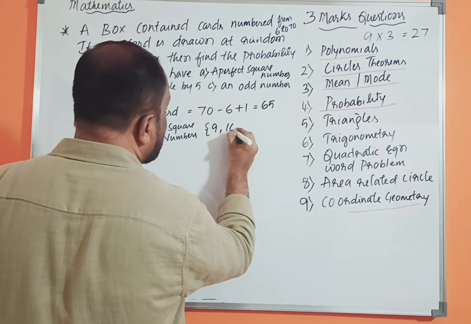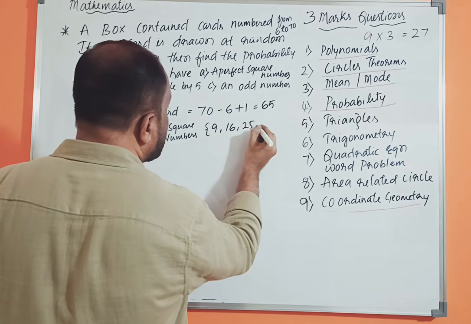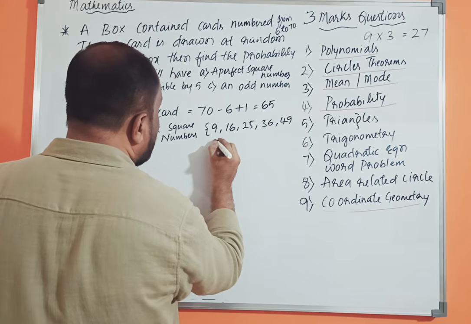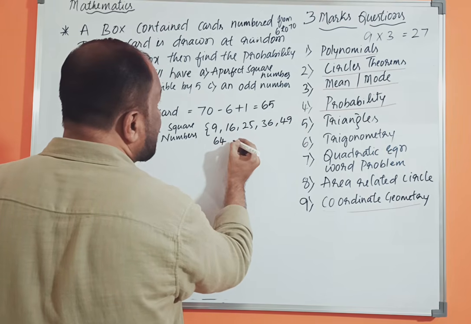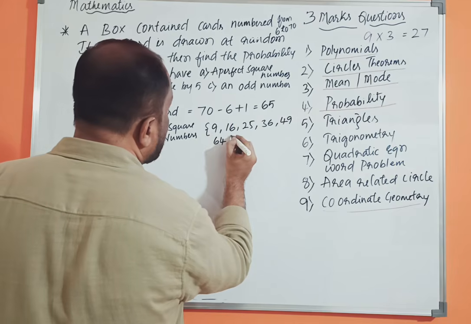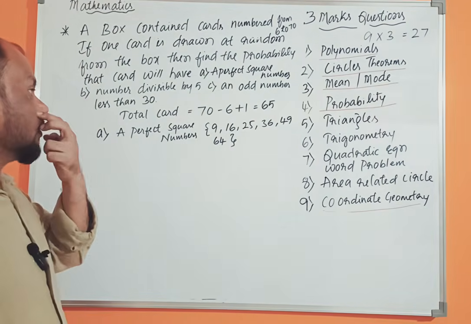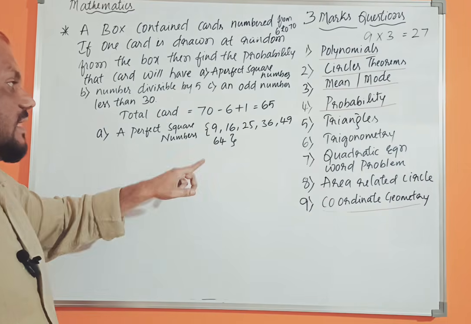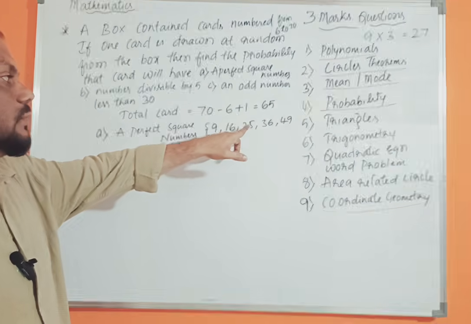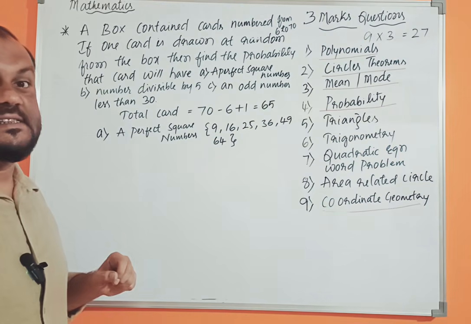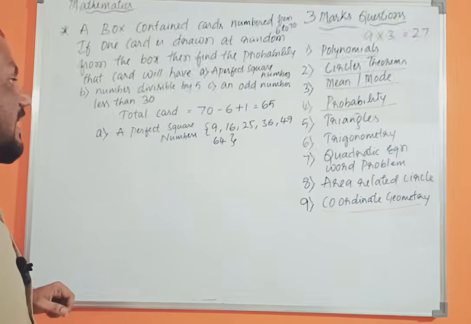Then 4 square is 16, 5 square is 25, 6 square is 36, 7 square is 49, 8 square is 64, and 9 square is 81, which is more than 70, so we end here. Now find the total number of perfect squares: 1, 2, 3, 4, 5, 6. There are 6 perfect square numbers.